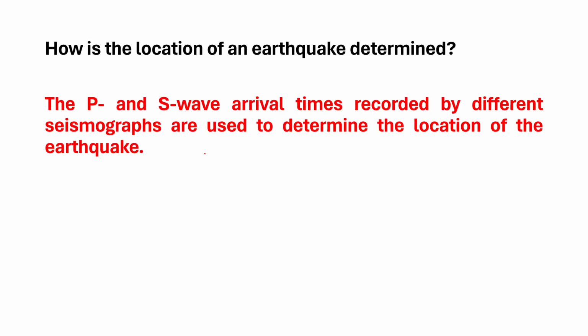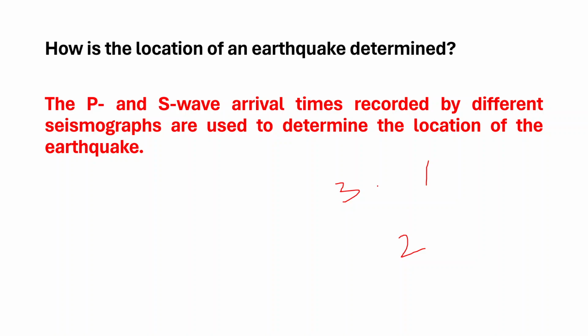The P and S waves, which are essentially the body waves, have their arrival times recorded by different seismographs, and that is used to determine the location of the earthquake. If you remember the previous image, let's say this is where seismograph 1 is, this is seismograph 2 and here seismograph 3 is. We need data from at least three locations. That is the basic requirement when it comes to determining the earthquake location.